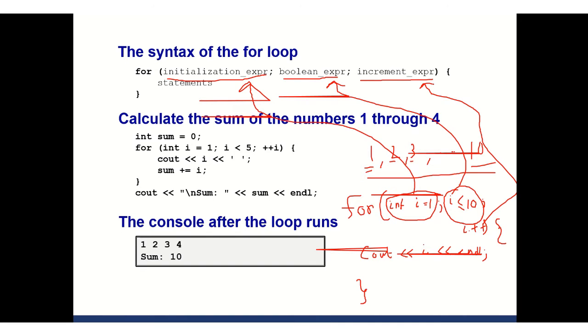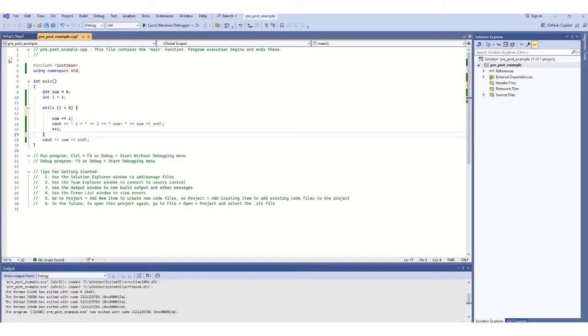Okay, why don't we write a program on that? Let's write a program on the for loop. It can be as simple as this, let me get rid of this.